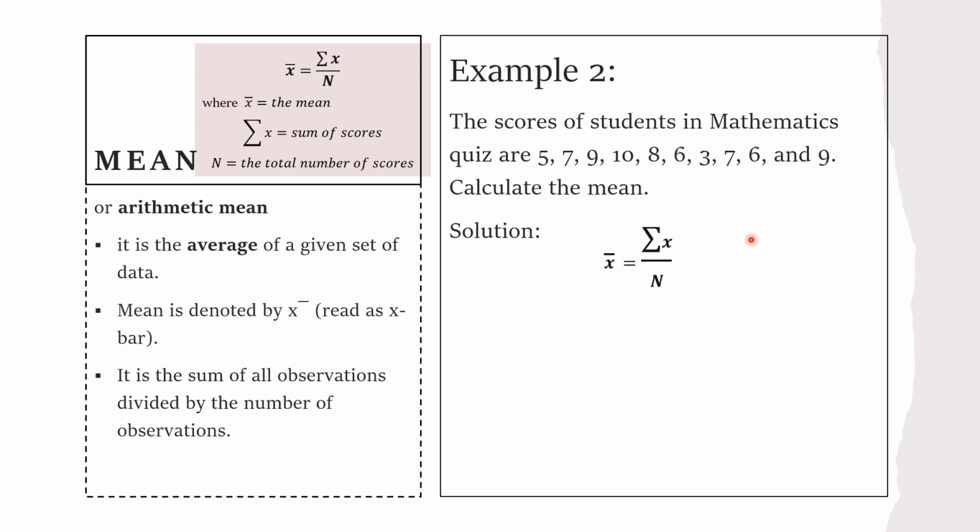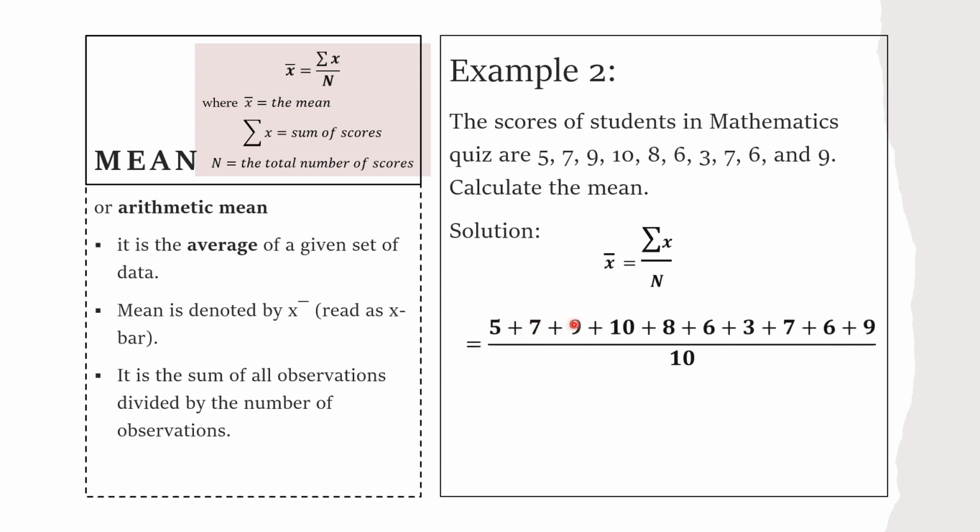Using the formula, X bar or the mean equals the sum of all the scores divided by the total number of scores, which is 5 plus 7 plus 9 plus 10 plus 8 plus 6 plus 3 plus 7 plus 6 plus 9 divided by the number of scores, which is 10. Therefore, the mean score is 7.